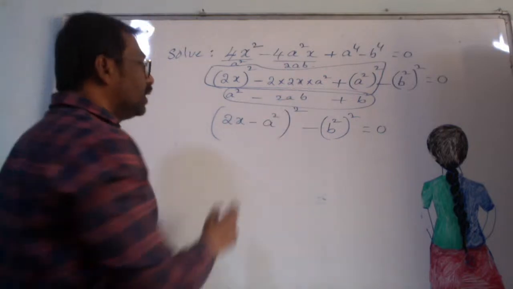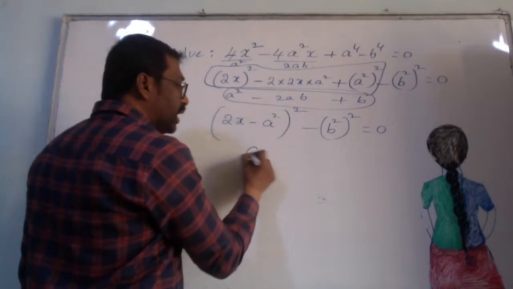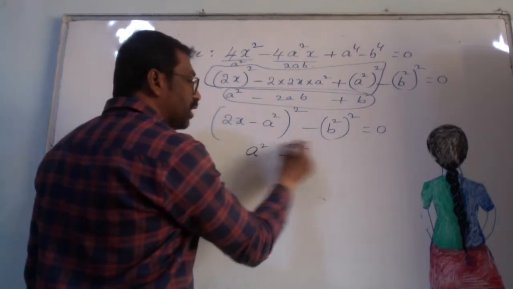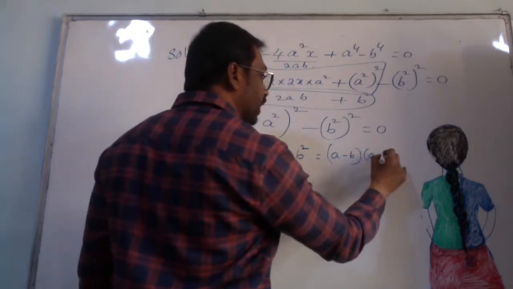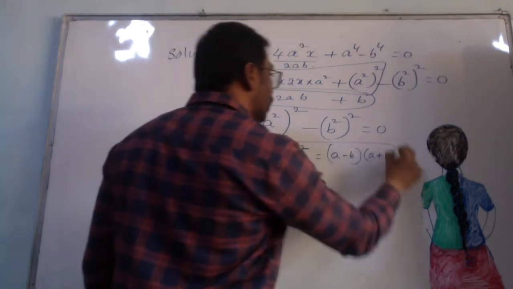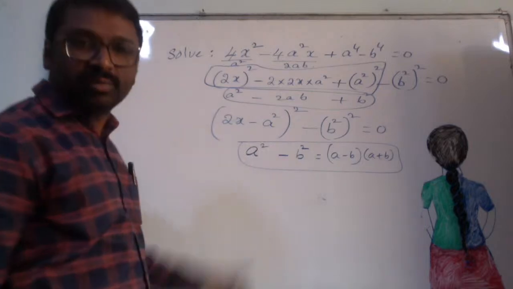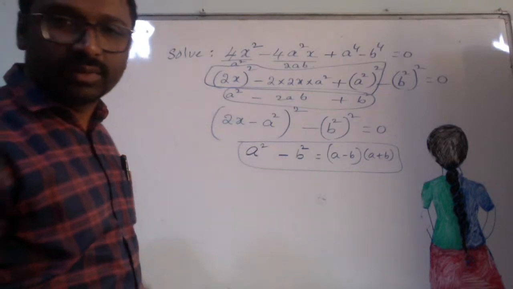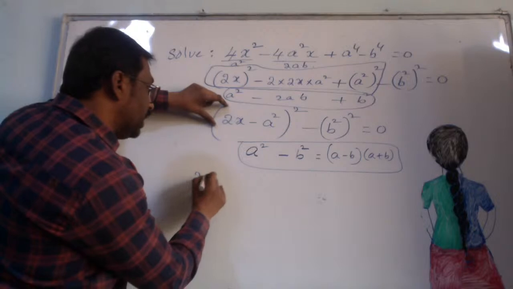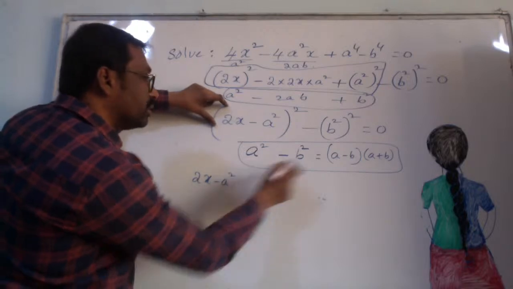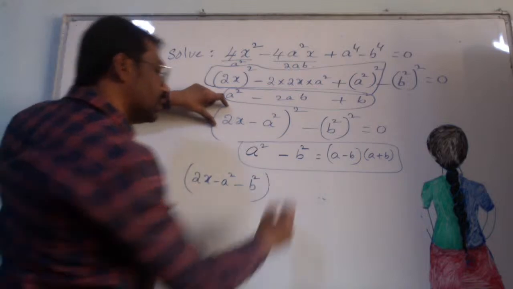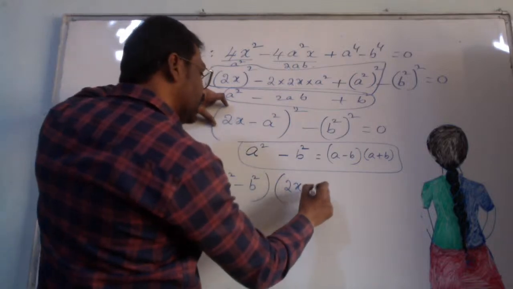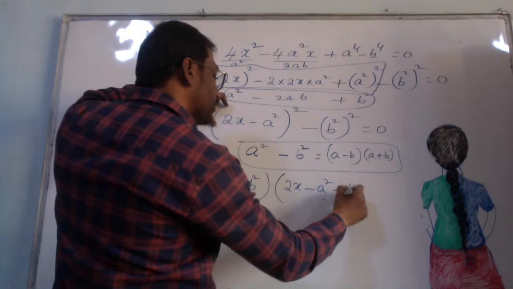Again here we got one more identity, the a square minus b square form. A square minus b square is a minus b into a plus b, right? This is also one more identity. You can use this identity here now. See, a means 2x minus a square, b means b square. Same way, a plus b.